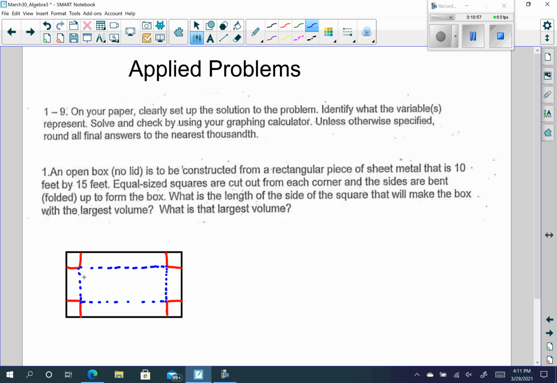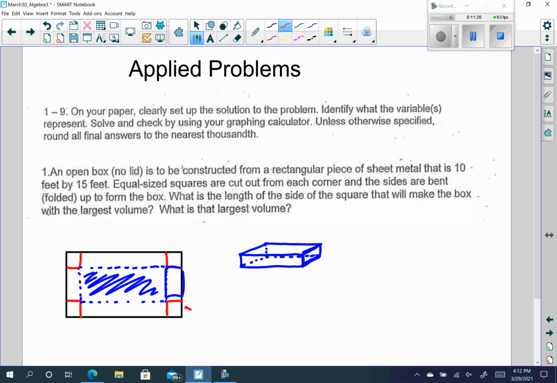So everything right in here, that's going to be the base of the box, and then the sides are going to come up. So looking at this from a side view, we'll have our box that folds up this way.